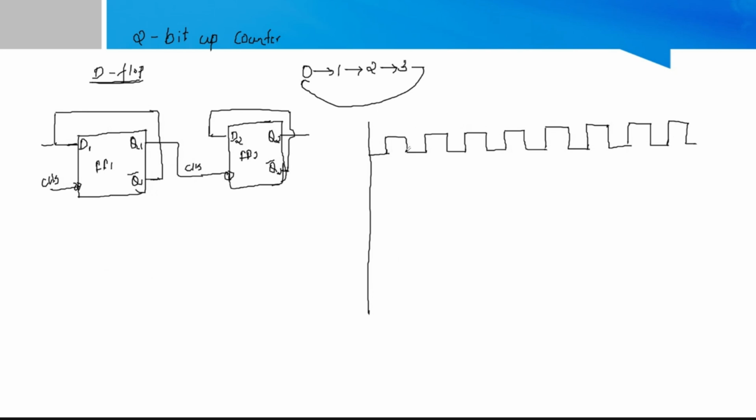So here I am taking the negative edge. What is the falling edge? What does it mean, falling edge of the clock? When the clock signal goes from positive to negative, from high to low. The clock signal having a transition from high to low, or positive to negative, that's why we call it a falling edge, negative edge and so on.